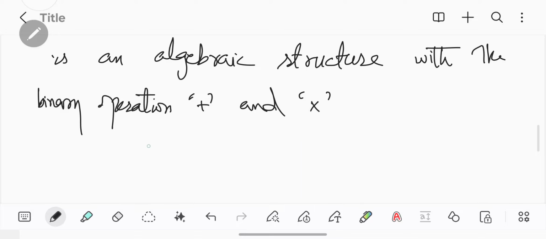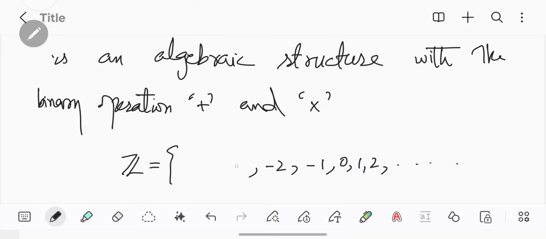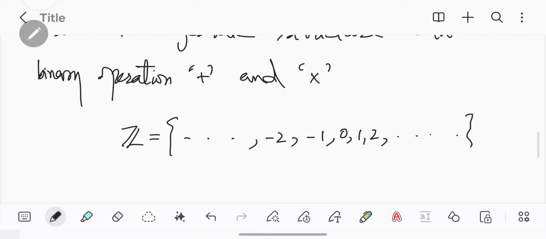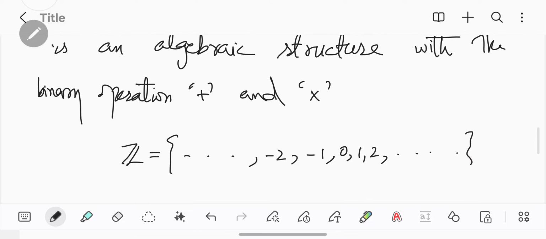Okay, so let me do another example. This example is Z, which is the set of integers, and the set of integers is usually denoted by 0, 1, 2, 3 and so on, and -1, -2, -3 and so on. In this set, you can also define the binary operation addition.